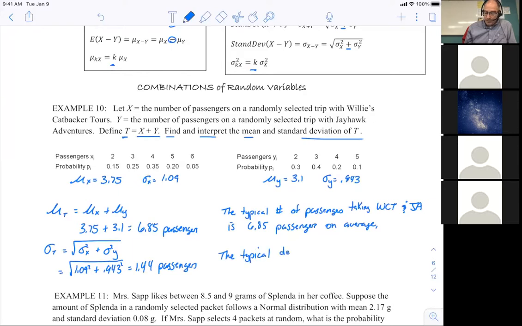The typical deviation in number of passengers of Wildcat Tours and Jayhawk Adventures from the mean of 6.85 is 1.44 passengers.